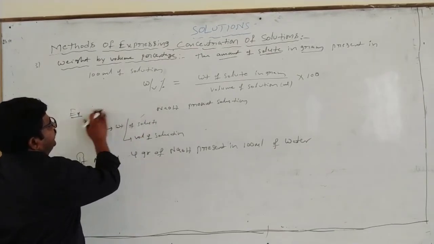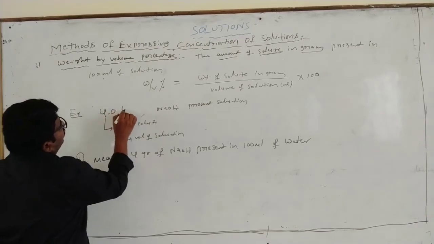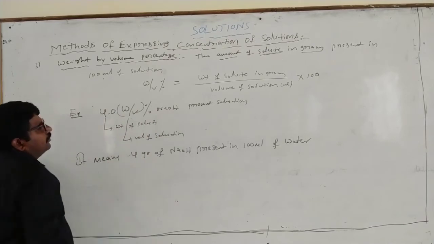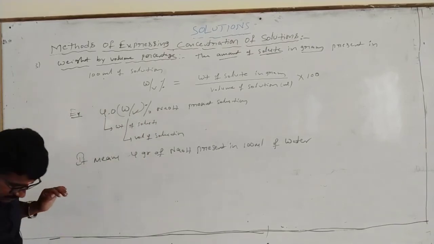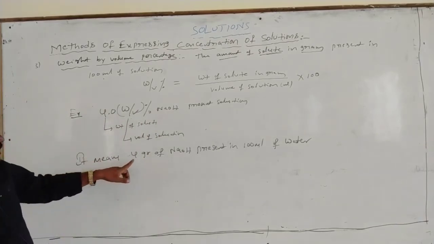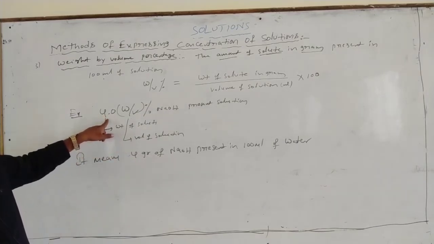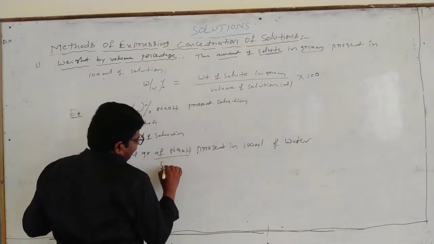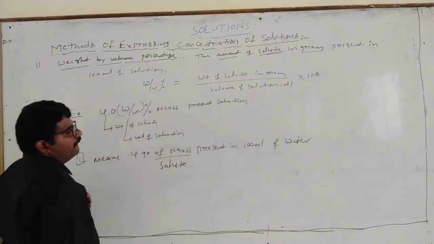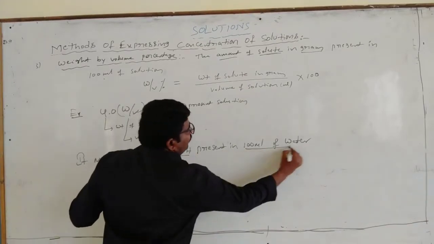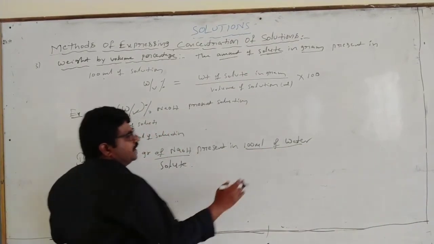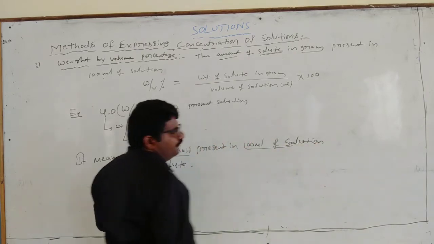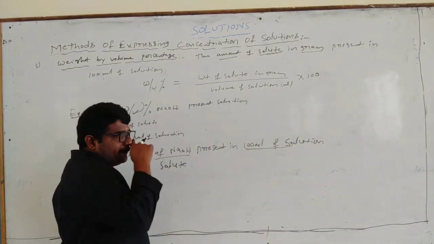Wait, I will write it neatly. 4.0 weight by volume percentage of NaOH present in solution means 4 grams of NaOH, that is the solute, present in 100 ml of water. 100 ml of water here means 100 ml of solution, not water, solution.